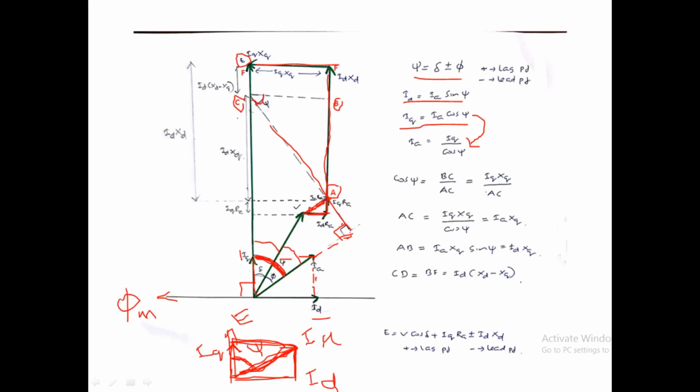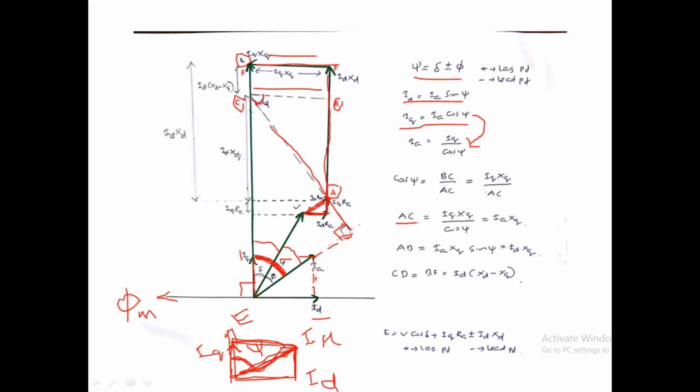Now this is psi, so cos psi is equal to the adjacent side BC by AC. What is BC? BC is Iq into Xq, because this side is the same as this side. So BC equals Iq into Xq divided by AC, where the hypotenuse is AC.